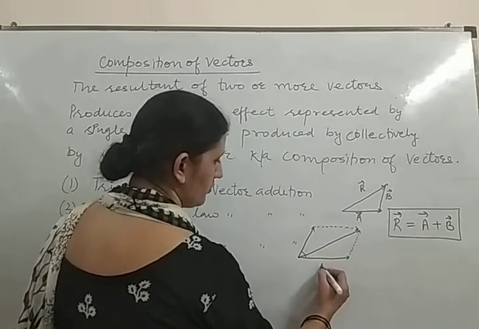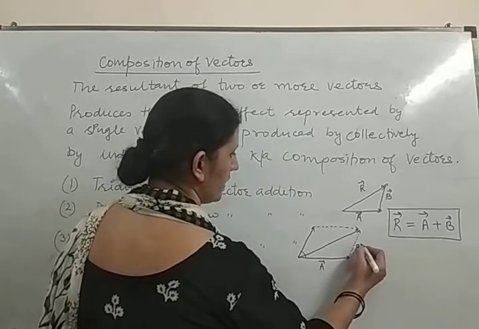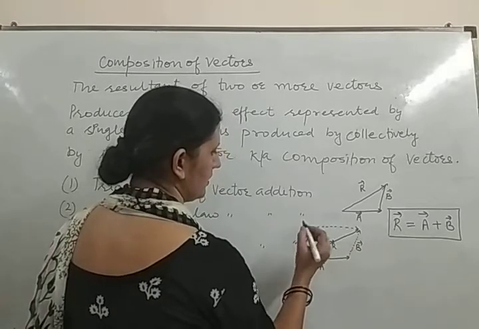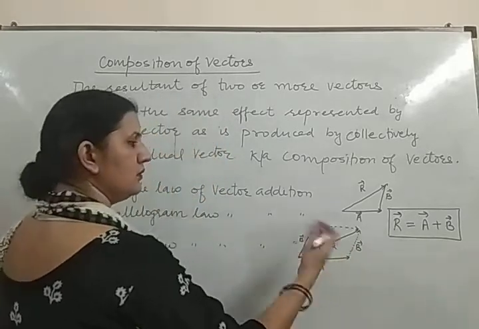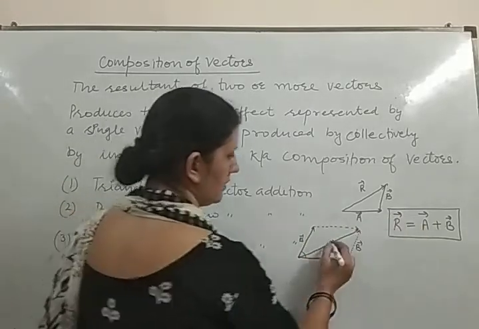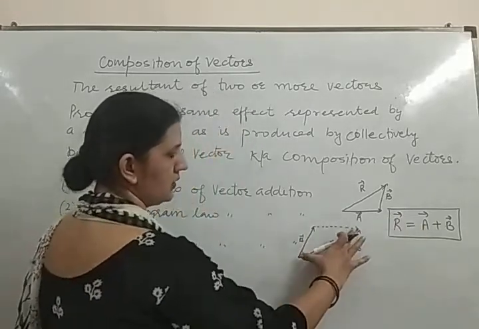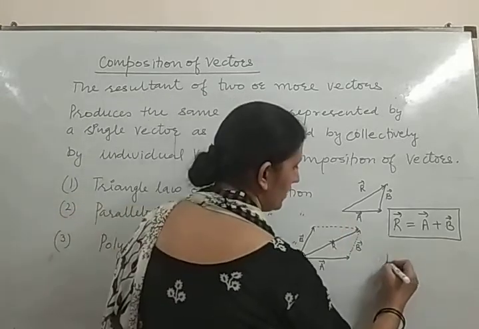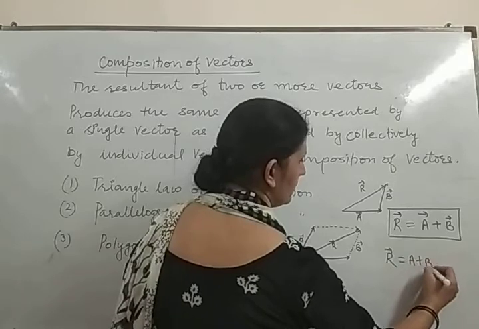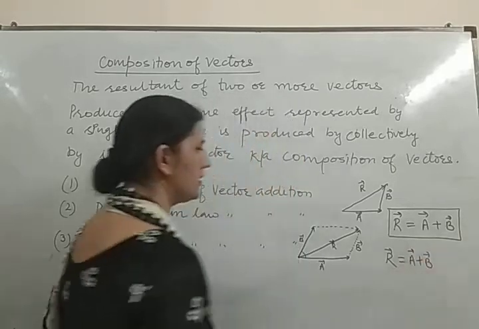So suppose this was vector A, this was vector B, and this is the resultant. Again, we use the same method, but in this case, this diagonal will give us the resultant. So we can write R is equal to vector A plus vector B.